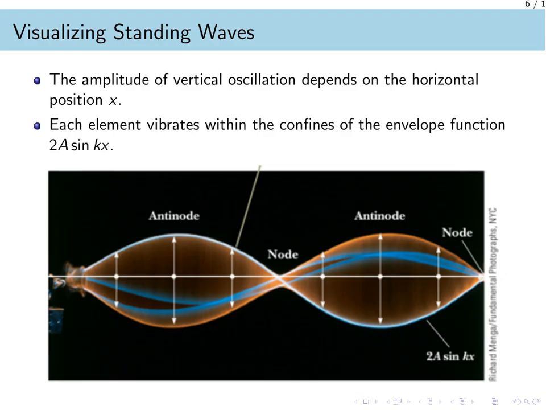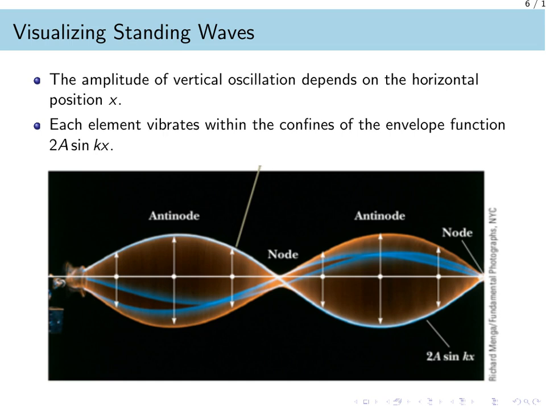Visualizing a standing wave helps clarify the mathematical model. In the provided photograph of a vibrating string, we can see the envelope function, which is 2 times the amplitude times the sine of kx. This envelope defines the boundaries within which each element of the string oscillates.